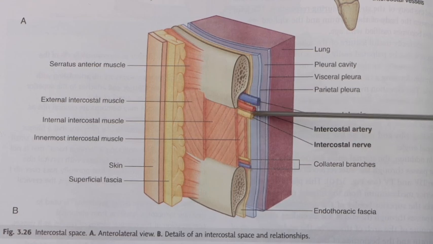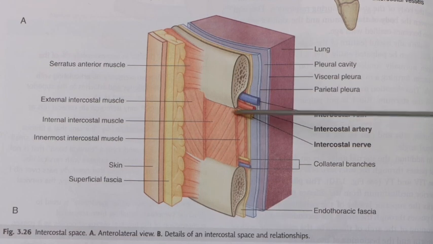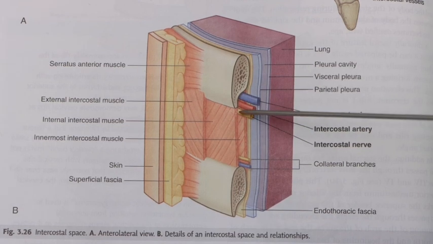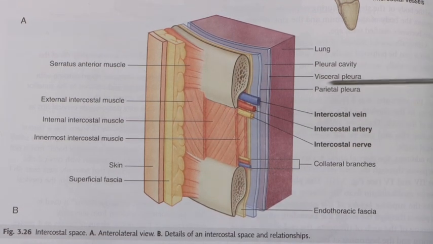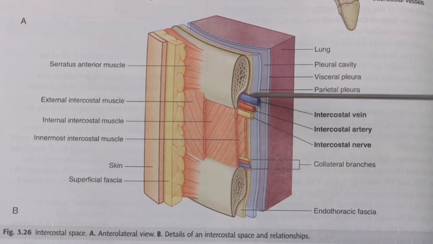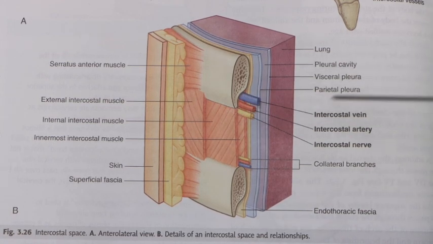As you see, the intercostal nerve is much more prone to be injured because it's unexposed, and by injury this nerve can be damaged. So remember the letters VAN, which from superior to inferior is the vein, artery, and nerve.